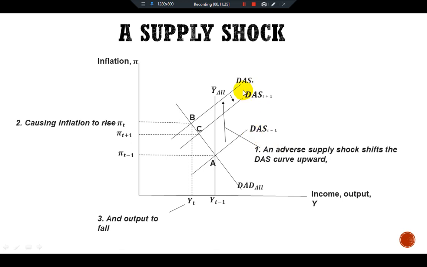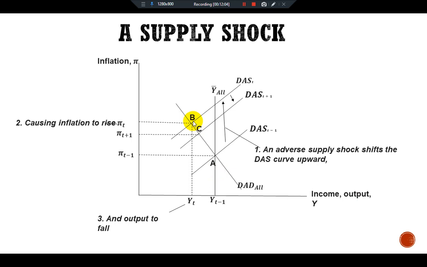To be precise, the curve shifts upward by exactly the size of the shock, which we assume to be 1 percentage point, because the supply shock v t is not a variable in the dynamic aggregate demand equation, and we have an unchanged dynamic aggregate demand curve. Therefore, the economy moves along the aggregate demand curve from point A to point B, as we have mentioned here.